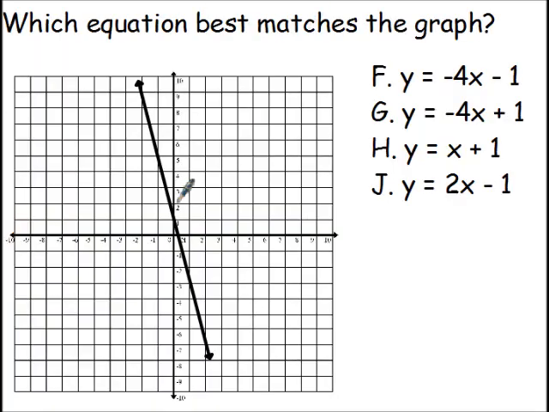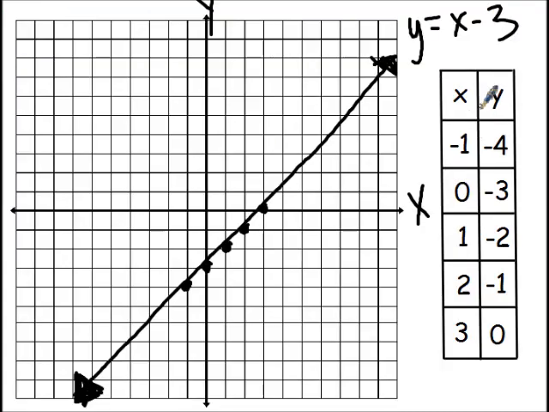Now we're given an equation graphed on the line, and we're given multiple choices with equations. We have to determine which equation matches the line that is graphed. Now, whenever we did this originally, we started with a set of X and Y values, and then we graphed the line.